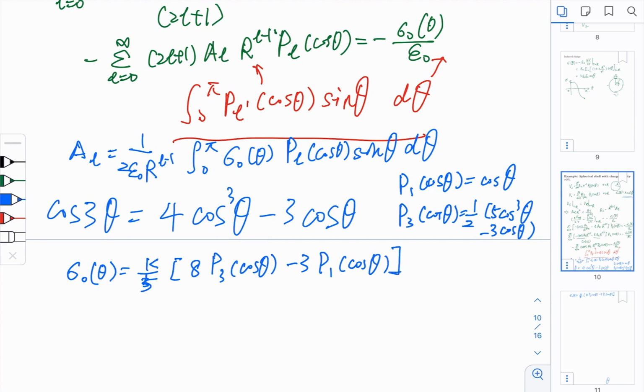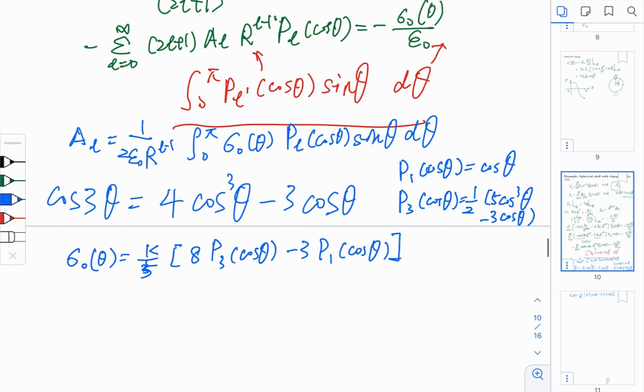So you can obtain this expression either by directly comparing with P1, P3, or you do strict integrals for L equals 1, L equals 3. And anyway, you should be able to get this expression.